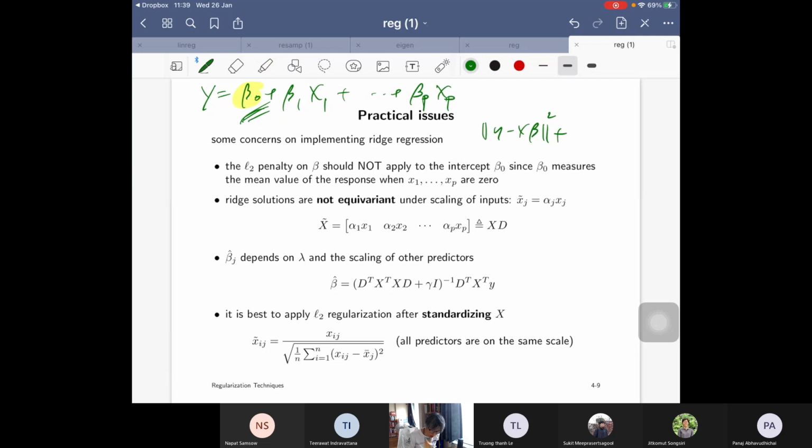So when you have the intercept term, this term should be the norm of beta 1, beta 2, to beta p. The solution can still be derived in the same way, but you have to be careful when you derive it, because now the term beta 0 should not be included in this norm.